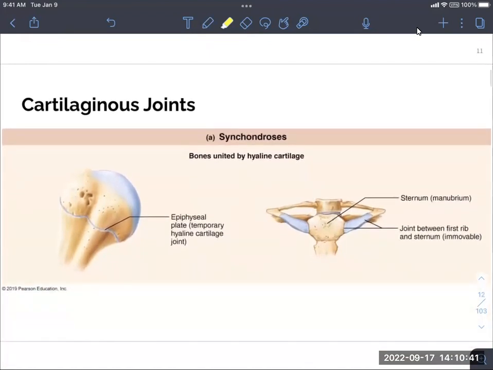Even the epiphyseal plate is technically a synchondrosis because here at this growth plate or epiphyseal plate, it's hyaline cartilage, and that hyaline cartilage is turning to bone as it continues to grow.